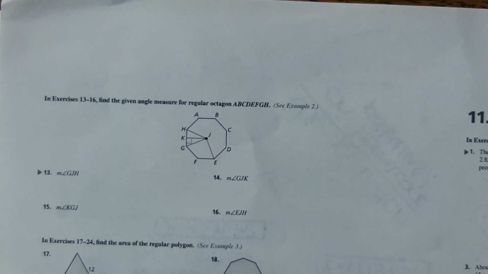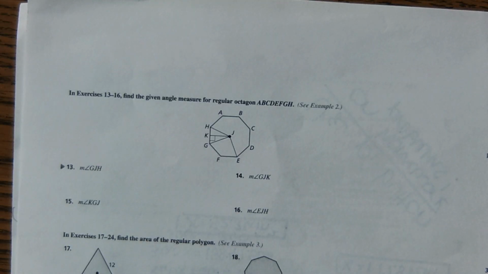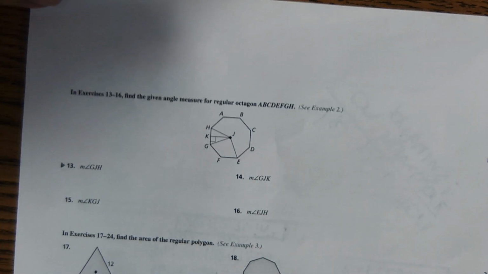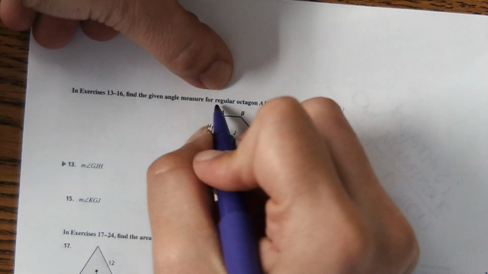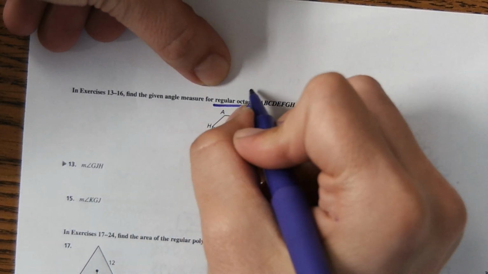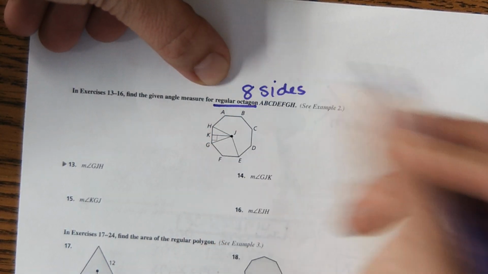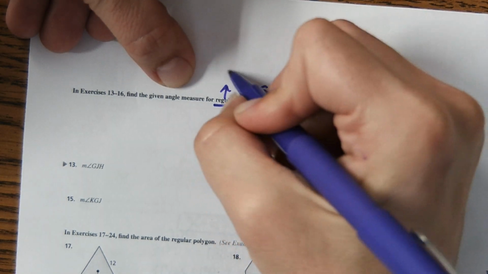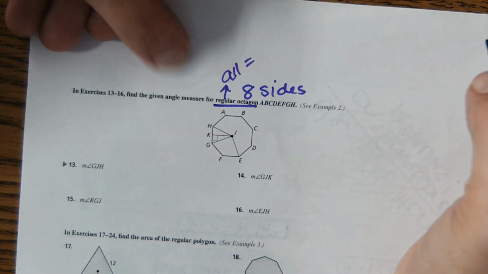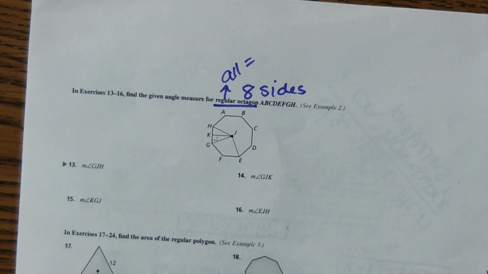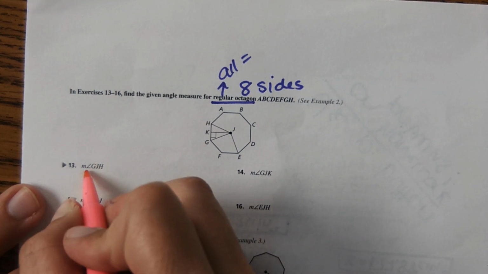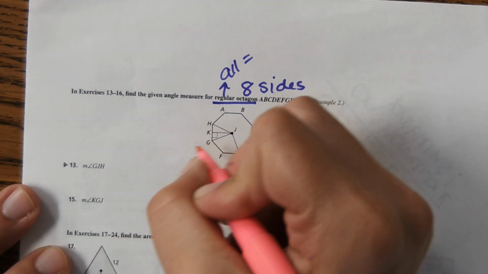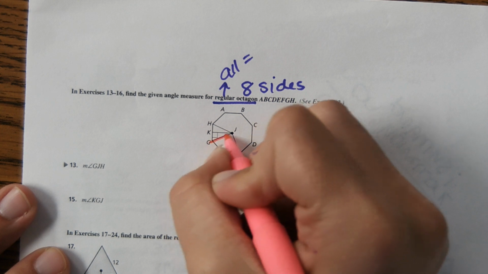Okay, so this, again, continuing to build concepts about these polygons. It says find the given angle measure for the regular octagon. So octagon is 8 sides. Regular means that it's all equal, like all the sides are equal, all the angles are equal. Okay, so first things first, it wants the measure of GJH, or is it GJH?